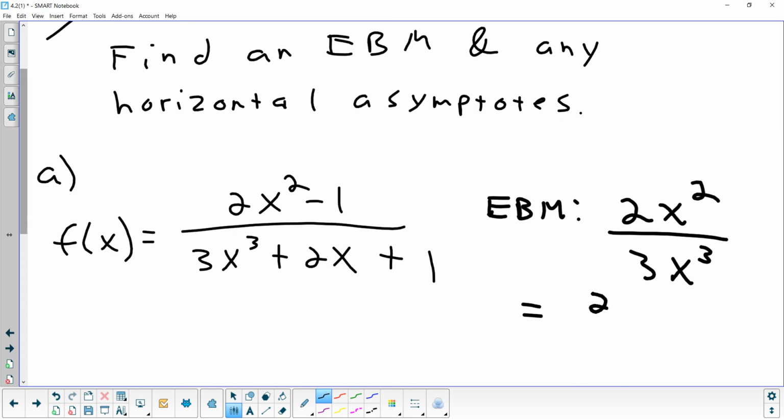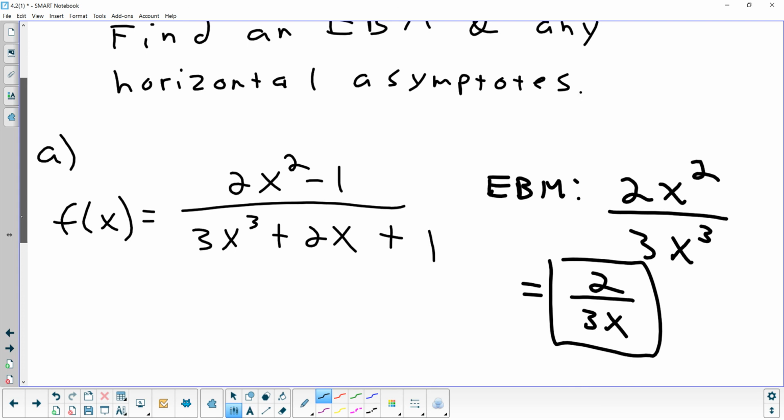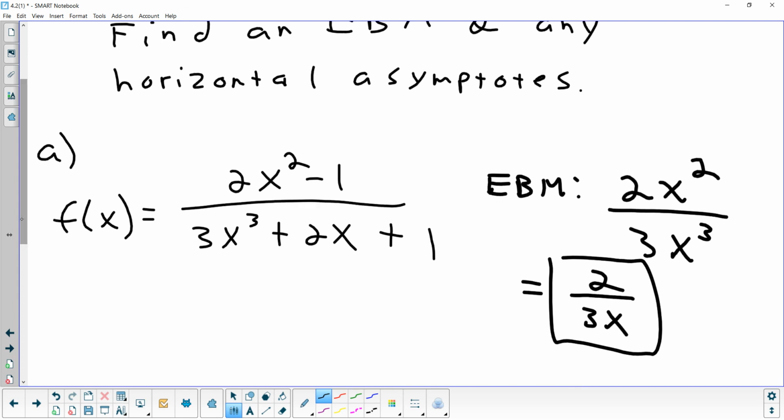You have 2 over, and technically that's x to the negative 1, right? 2 minus 3 is negative 1. That means you should have 1 copy of x in the bottom. Okay, so this is called the EBM of the rational function. Now, let x approach infinity in your EBM, and that tells you the horizontal asymptote.